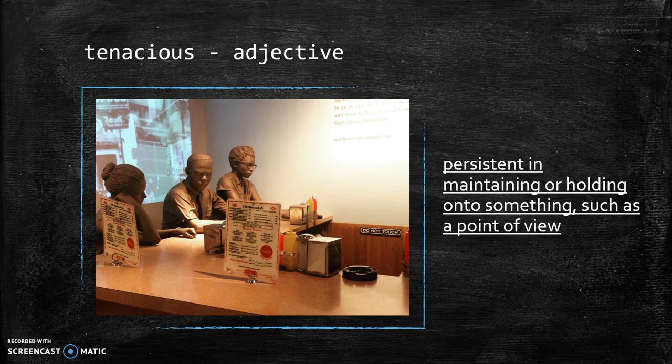And this particular photograph is a picture of some young people who are protesting at a lunch counter during the civil rights movement, and you can see there's a video playing behind them on the wall, and what it talked about was how tenacious these young people were, right? That was a really difficult thing to do, and they persisted through the difficulty, right? They made it through. They were tenacious.